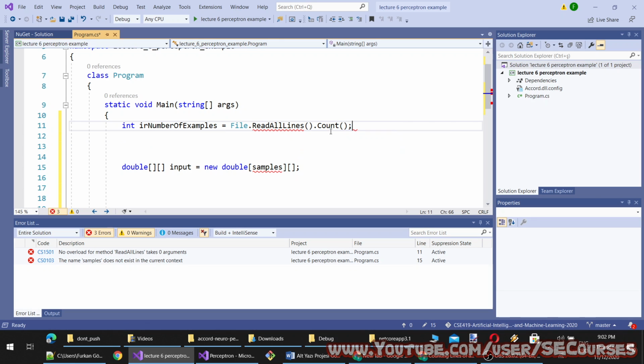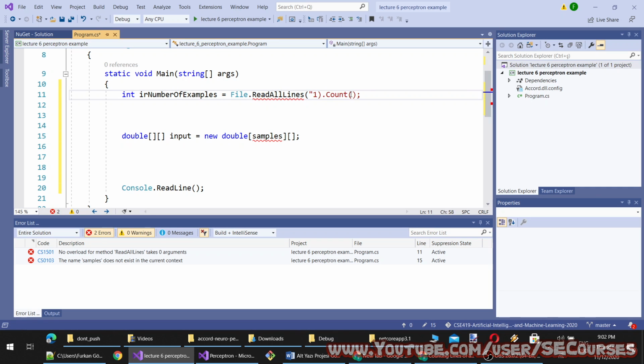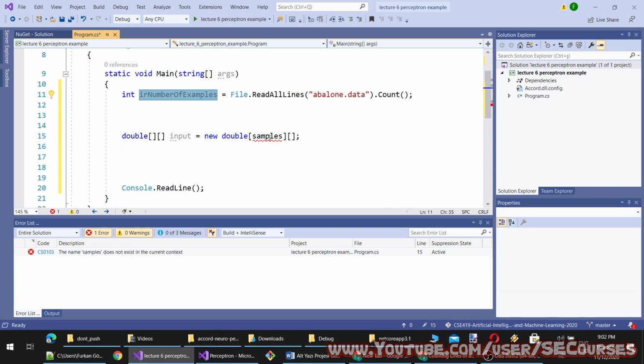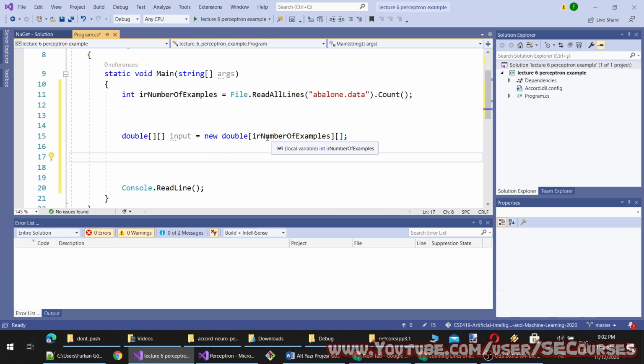Count the data, and here. So this will be the size of the first array, which will hold all of the instances.